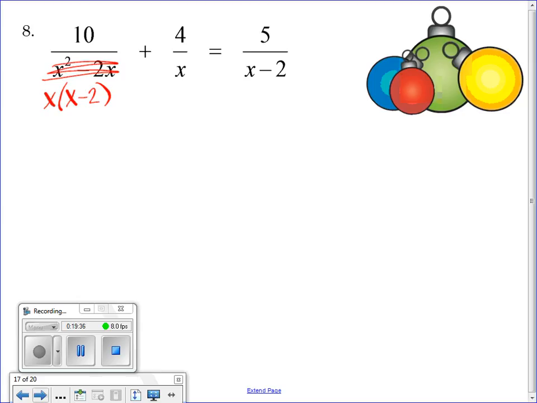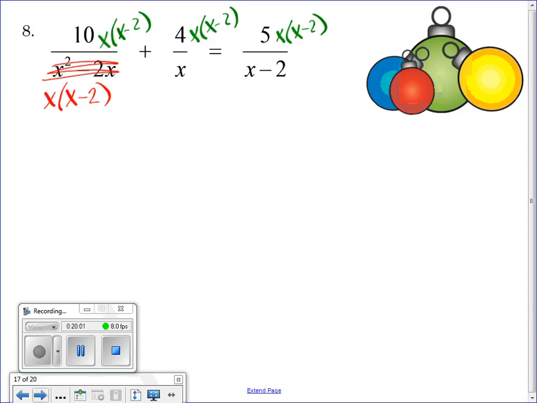All right. So what is your LCD? Good. X and x minus 2. And that's, like I said, some people will figure out how you don't have to. Oh, you do it that way.